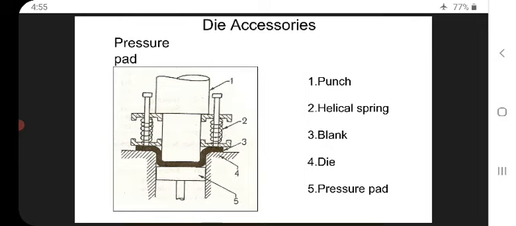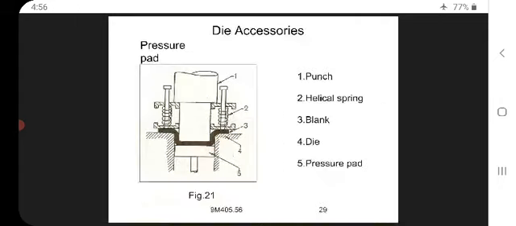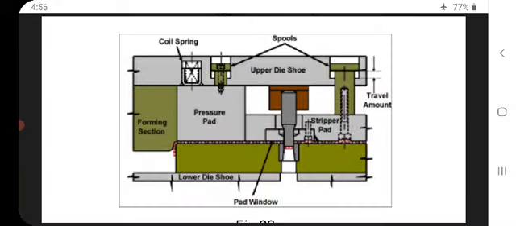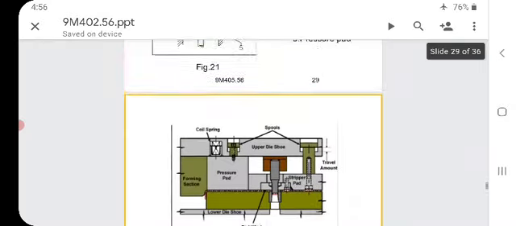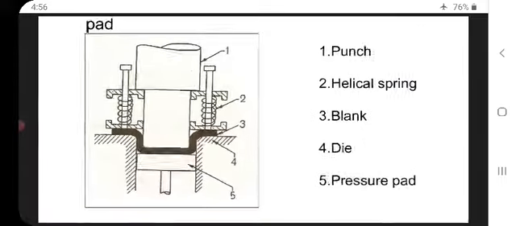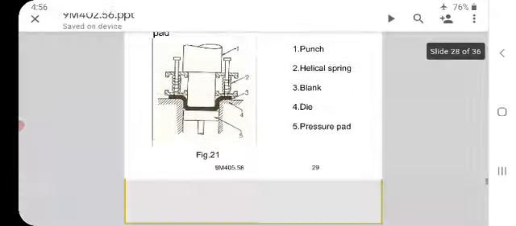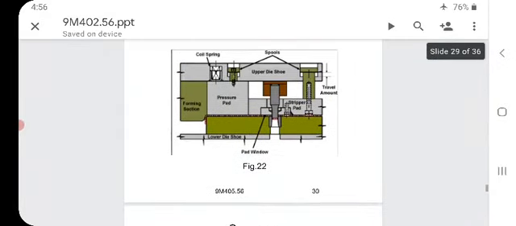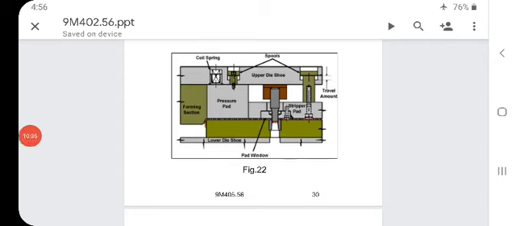You are seeing a blank, number 3, which gets bent when it is subjected to the punch under an external load. You can also see here, the fifth one is a pressure pad in the bottom, which is used to support the work.